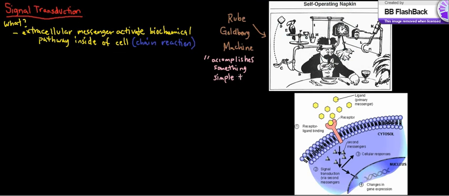The reason I've bothered to mention this Rube Goldberg machine is because this is an exact illustration of what's going on at the cellular level. Again, at the cellular level in biology, we have a complicated series of biochemical reactions, or this chain reaction, that is usually going to accomplish a pretty simple task.